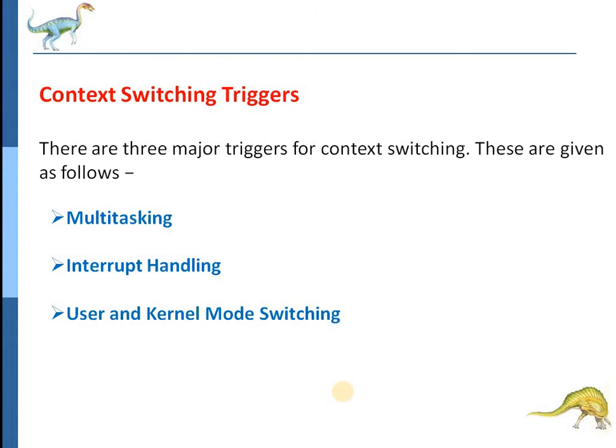Second, interrupt handling, which is related to hardware. The hardware switches a part of the context when an interrupt occurs. This happens automatically. Only some of the context is changed to minimize the time required to handle the interrupt. And last, user and kernel mode switching.